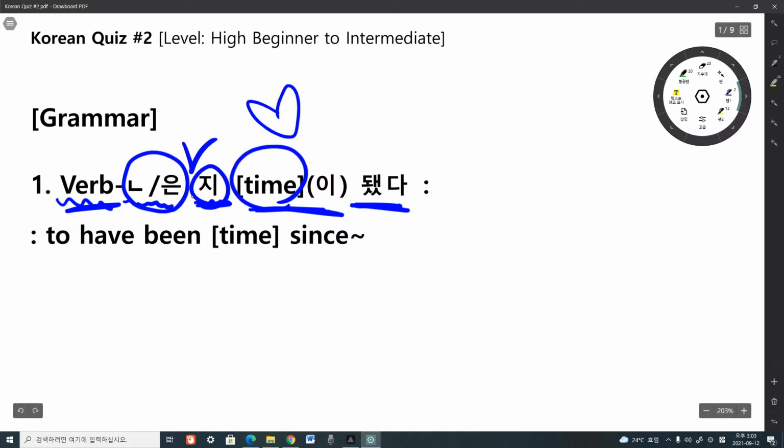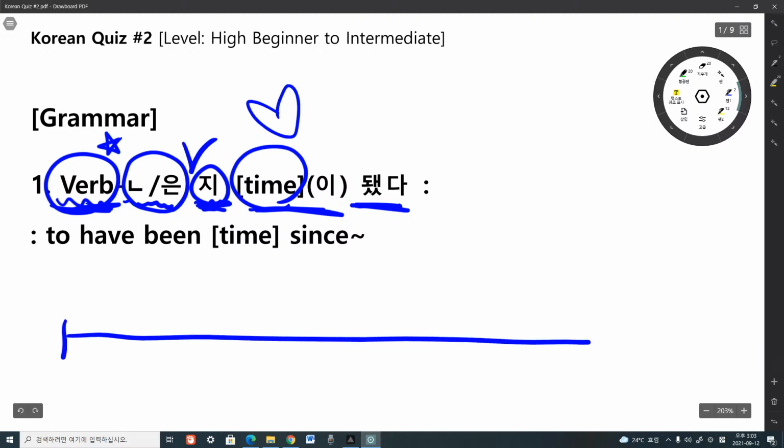So this 치 indicates that this verb is the start of the action, the point when the action verb has started. You can consider it like this: this is now, and this is when the verb started.